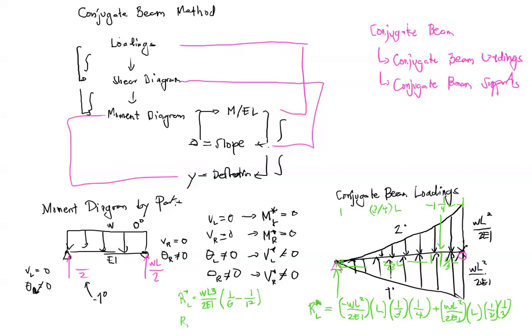So, RL ko is WL cube over, this is equal to 1 over 12. So, 24 EI. Ayan, yung left-hand side na support reaction ko.